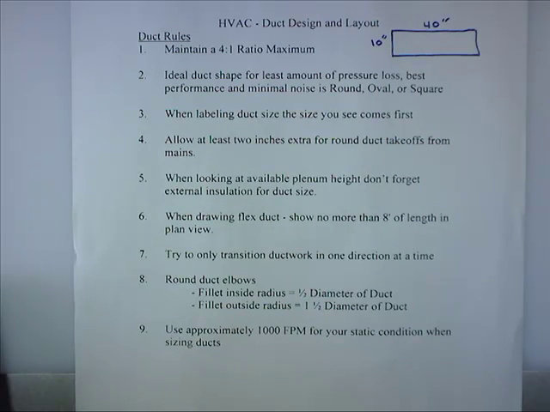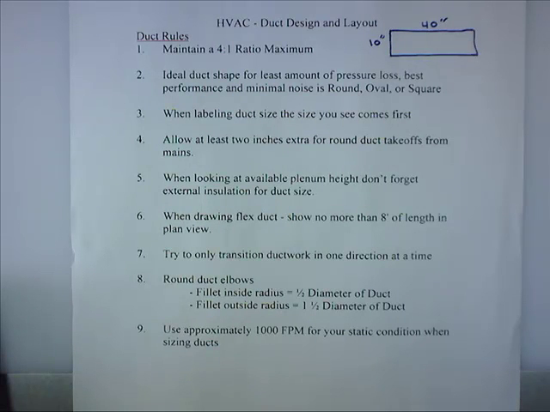And the whole idea of this, if we go back to number 2, the ideal duct shape for the least amount of pressure lost and the best performance and minimal noise is round. So that's the best ductwork for a well-performing system. The next best is oval.